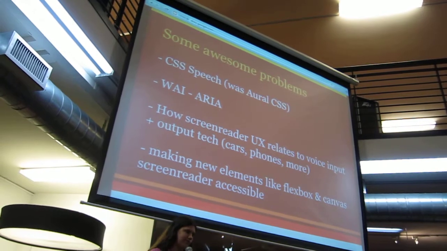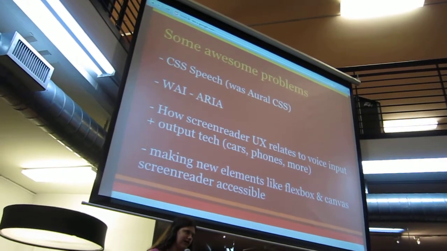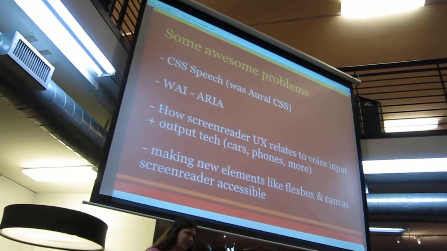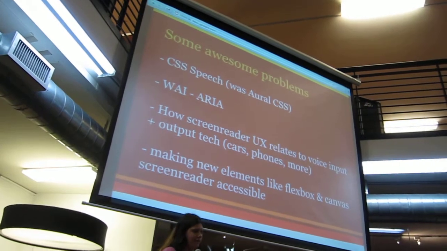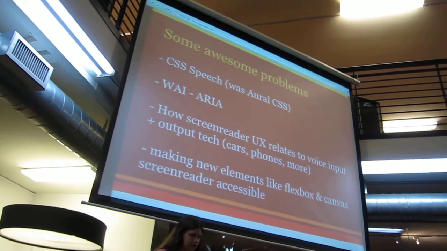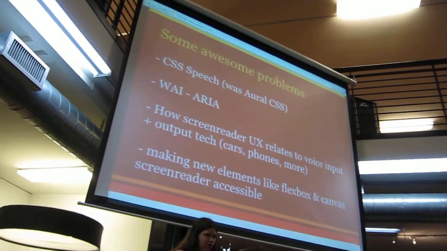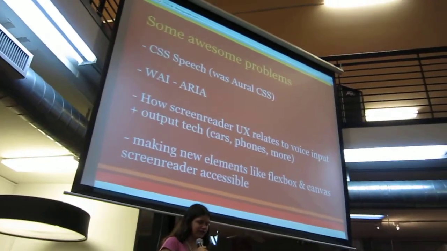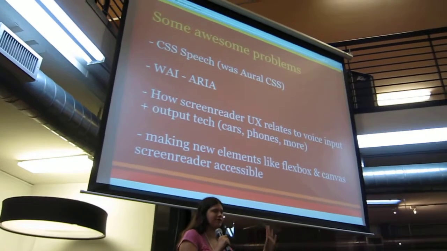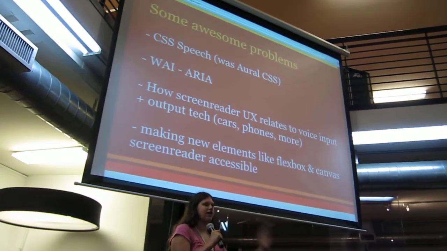Here are some awesome problems you can look at now that you've looked at the problem of computer voice output. CSS speech, also called oral CSS, is a standard that has never been implemented by any program. I started writing tests for it. It would be awesome if somebody would take that up and actually use the tests.